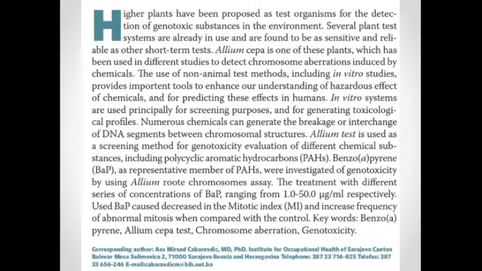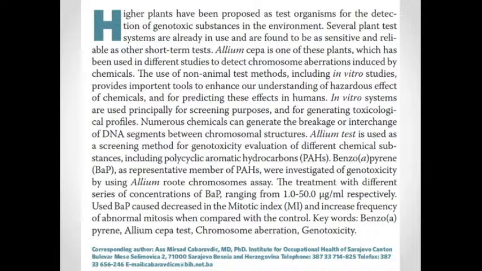So this is the abstract of the paper. What they're saying is that higher plants have been proposed as a test organism for detection of genotoxic substances in the environment, and several plant test systems are already in use to check their sensitivity, and they're reliable for short-term assays.